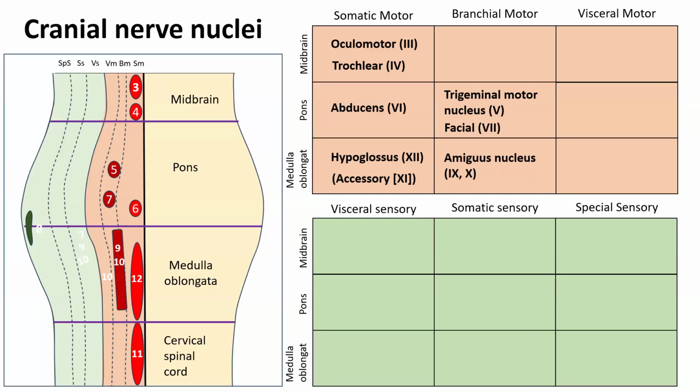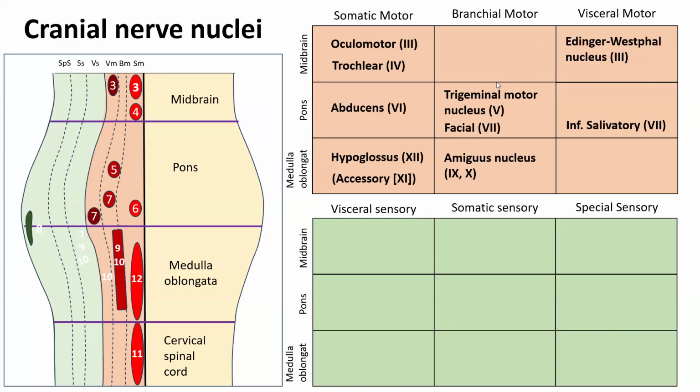Finally, we have visceral motor functions. Visceral motor functions are basically motor functions that belong to the autonomic nervous system. And belonging to those are the Edinger-Westphal nucleus, which is correlated with the oculomotor nerve. And it's basically the structure responsible for, for instance, pupillary constriction and lens accommodation.